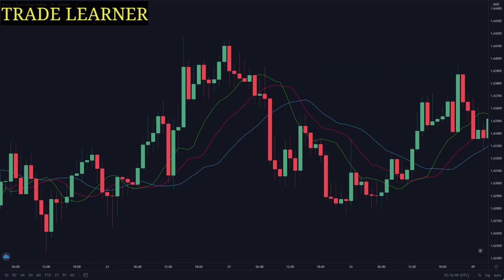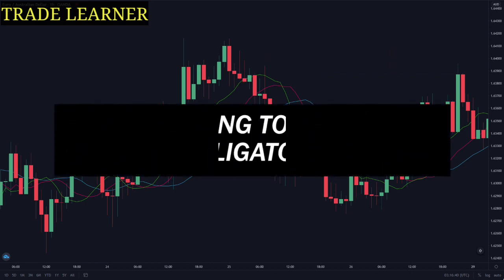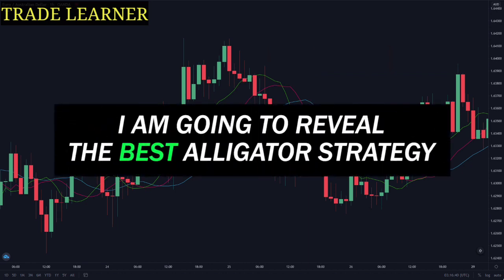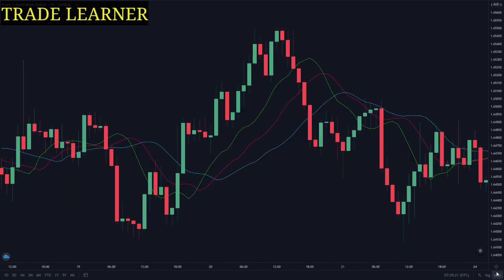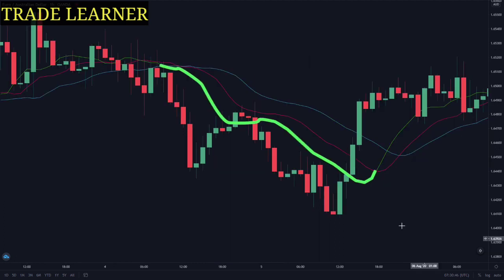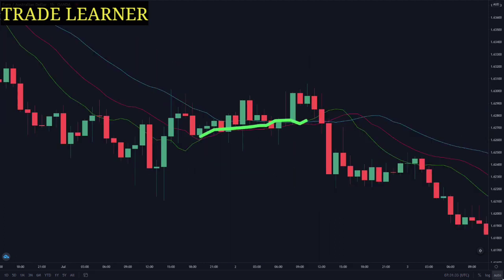So after I tested different indicators over the years, I also found the best way that you can utilize the alligator strategy. So here's how the strategy goes. First, what you need to look at is the lips. The lips can be either above, below, or inside the other two lines.